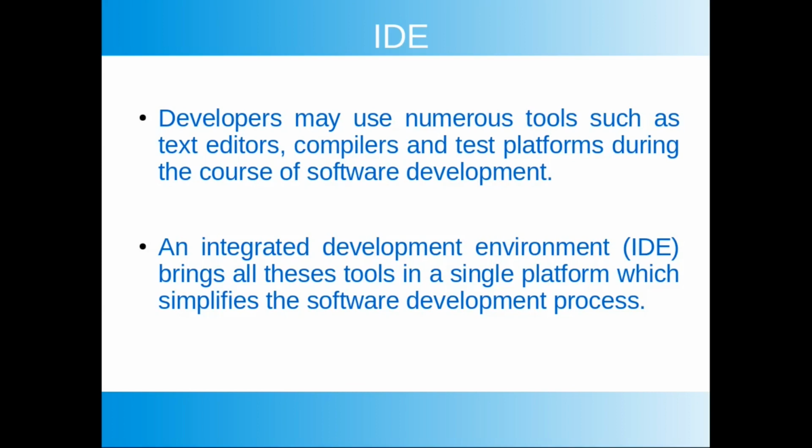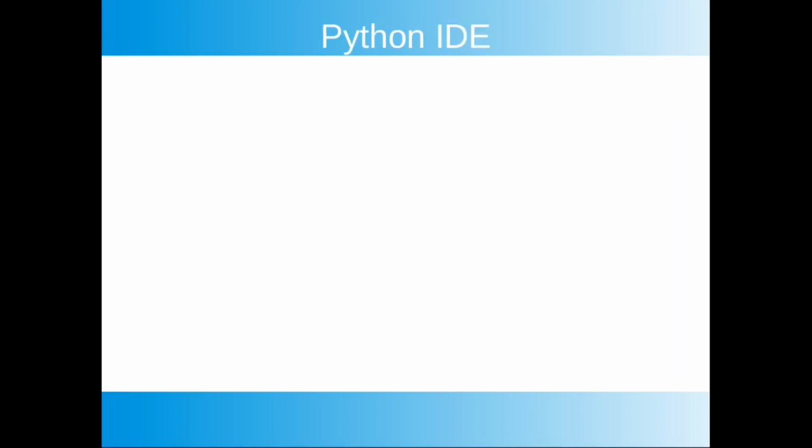Now if you are developing a project in Python, rather than working on different tools, what you need is an integrated development environment, that is an IDE. You will find numerous IDEs for Python.